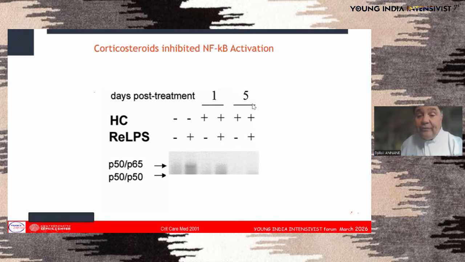After 5 days of treatment with hydrocortisone, the patients were sampled again, and look at this. There is no more NF-kappa B expressed by monocytes at baseline or after stimulation by LPS, again demonstrating in patients in the ICU that a 5-day treatment with hydrocortisone, 200 milligrams per day, results in a profound and sustained inhibition of the NF-kappa B pathway.